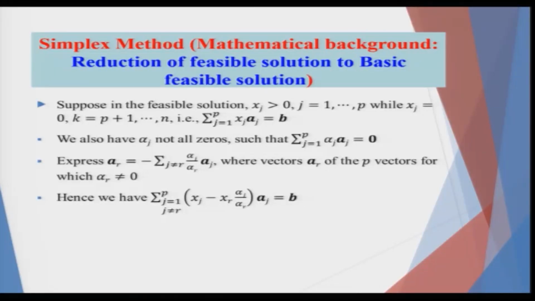Now, consider we will assume some constants which we will denote as alpha suffix j's. Any values of alpha suffix k's, even if non-zero, when multiplied with the value 0 will obviously result in 0. We will consider that alpha j's, j is equal to 1 to p, are non-zero, such that when you find the convex combination, it leads to 0.